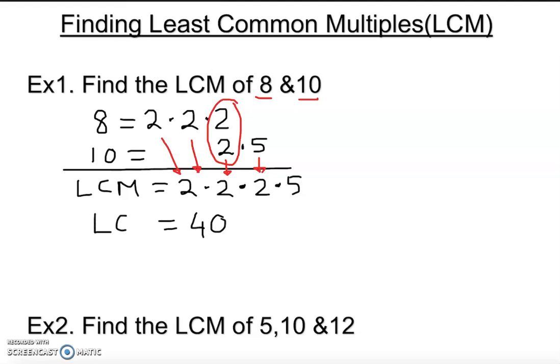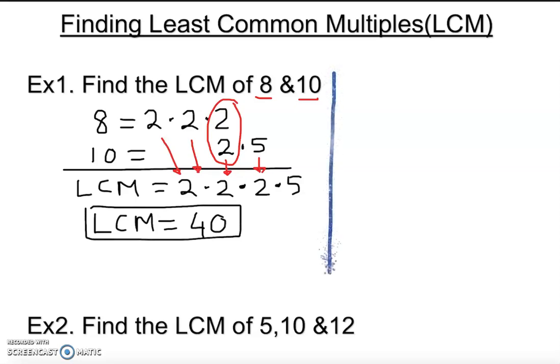That is one way of finding the LCM. I promised I'm going to show you a different way. I don't know how many of you will follow that, but it's also a very nice way, with less work. I put 8 comma 10 here, and I draw a line that's not quite a division line.